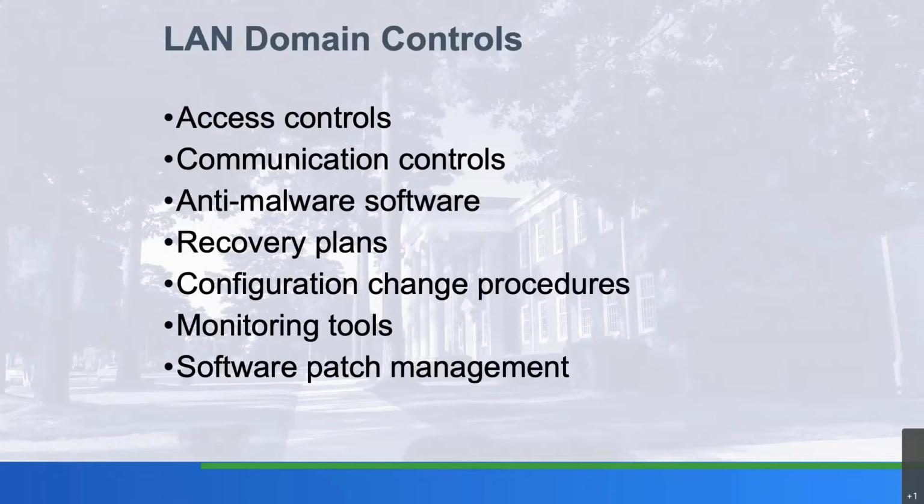I'm going to limit somebody's access to my network. I'm going to limit communication. We need to have anti-malware software in all of the computers in the LAN domain to detect and eradicate malware. Remember, malware being a virus, a Trojan, a worm, any unwanted software, and maybe dangerous software. You don't want that on your network.